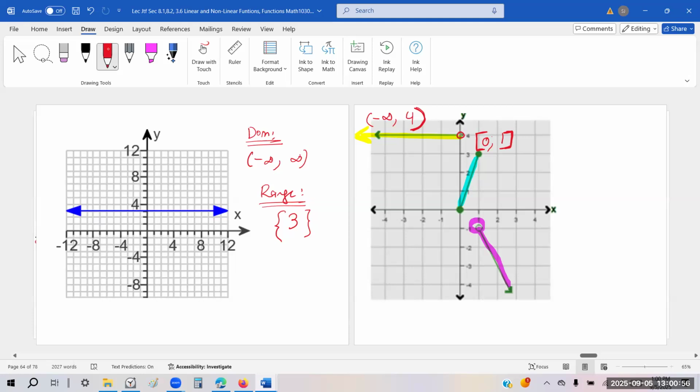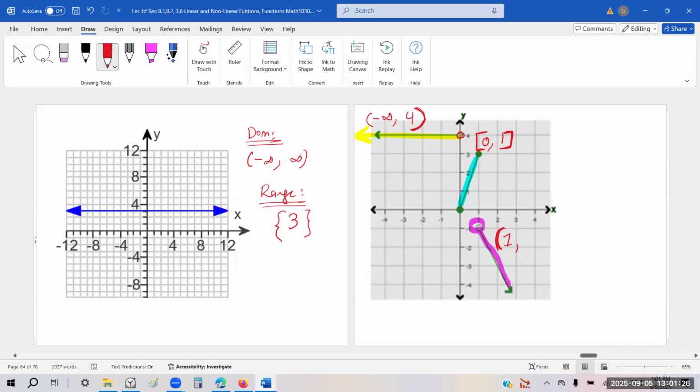So what is the smallest x value in this journey? At this point, what is your x value? 1. So you start from 1, but do you have any y value at 1? So what's the boundary, parentheses or bracket? Parentheses, because there is no y value there. It started its journey, but unfortunately, it started lonely, alone. So 1.